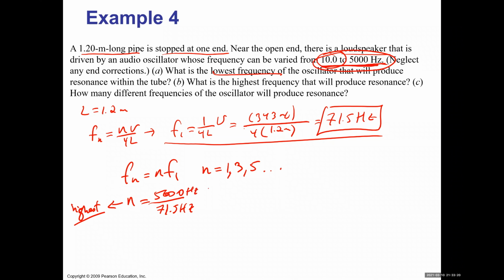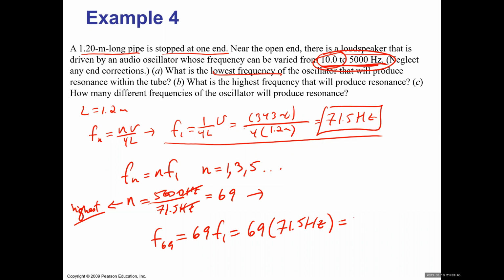The units cancel out, and when we calculate this ratio, we get 69. That means we can go all the way to the 69th harmonic. So f of 69 equals 69 times the fundamental, 69 times 71.5 hertz.